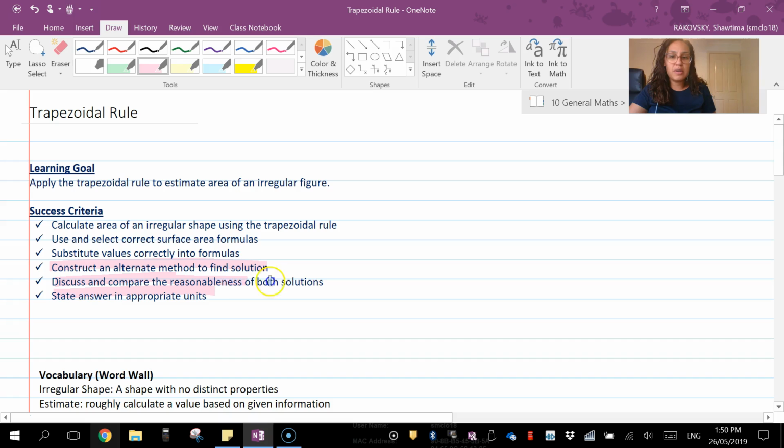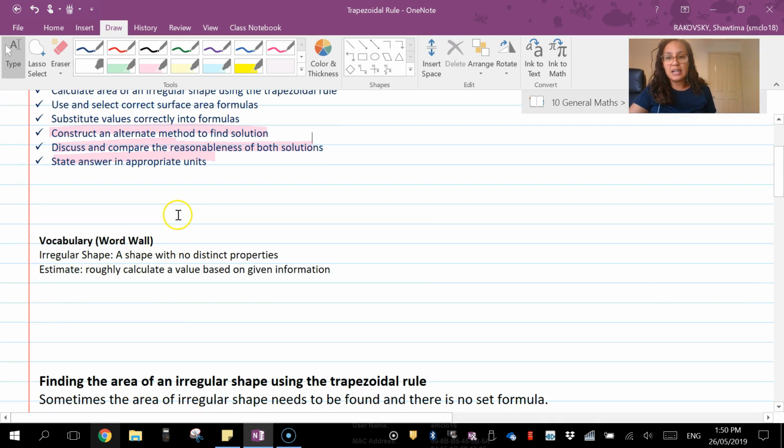So this is going to be your in-class success criteria, but in this video we're looking more specifically at how to use the formula in order to find or estimate the area. An irregular shape is a shape with no distinct properties, and generally it's like those curved surface shapes that look kind of like this. There's no real discerning properties you can attribute to a formula.